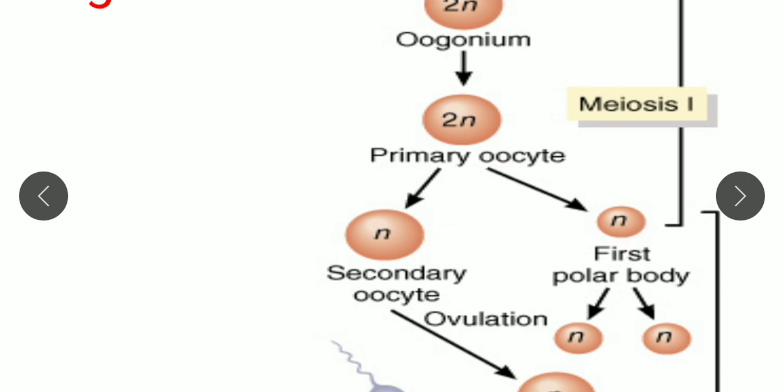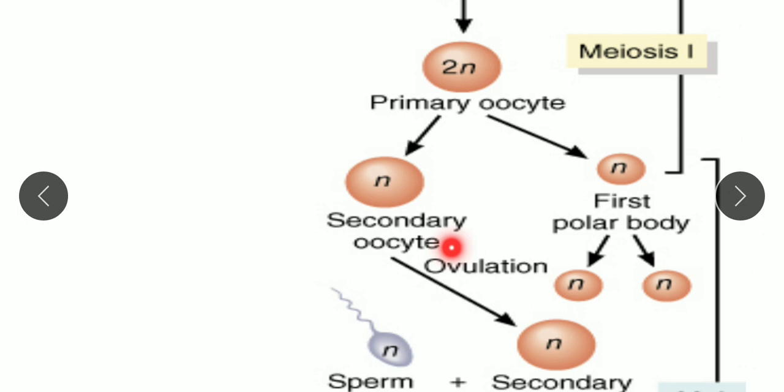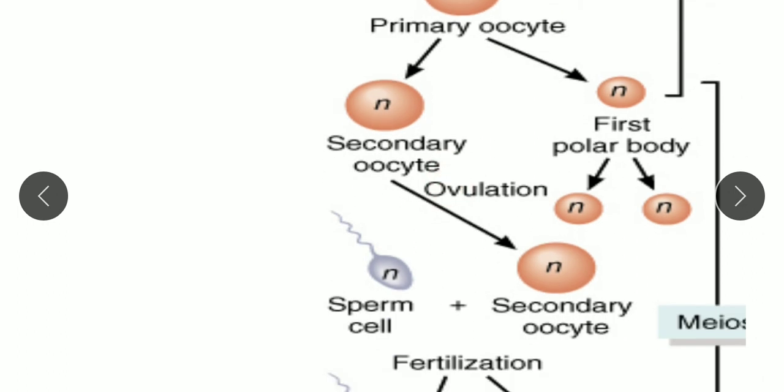It divides into two unequal cells: one larger cell, called the oocyte or secondary oocyte, and one smaller cell, called a polar body.